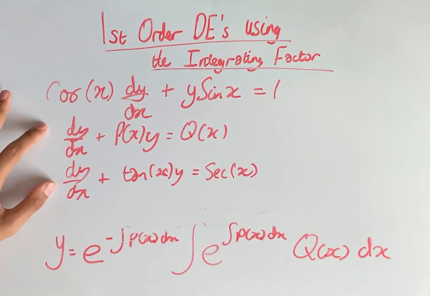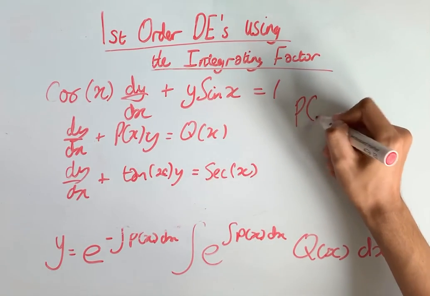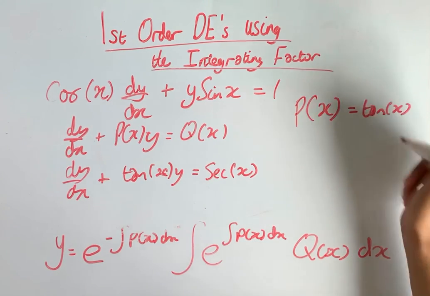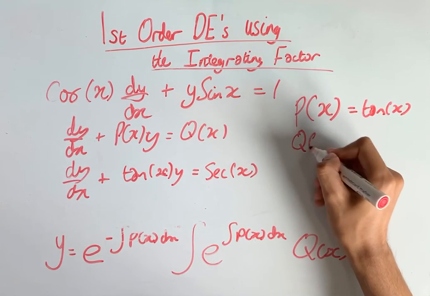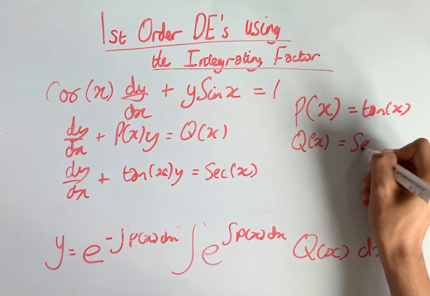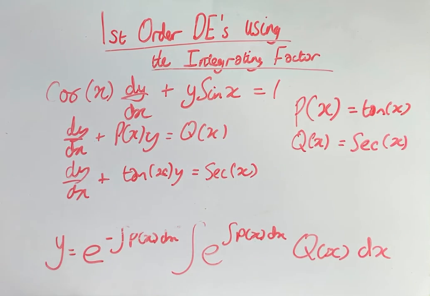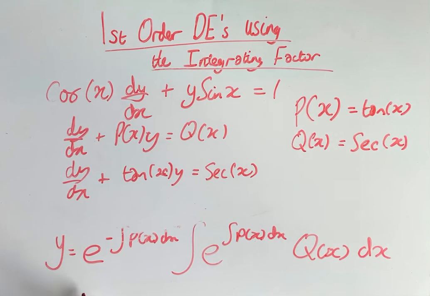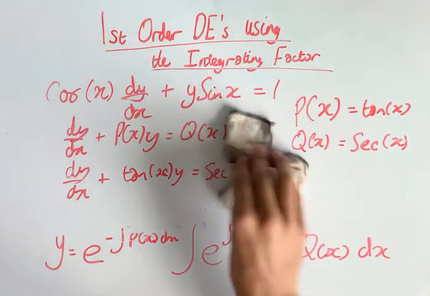Then equating between these two, we find that p(x) is equal to tan x, and q(x) is equal to sec x. Now, if we want to find y, all we have to do is substitute these into this equation here and solve. So now we're going to do that.